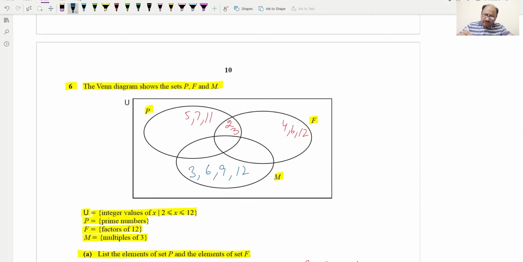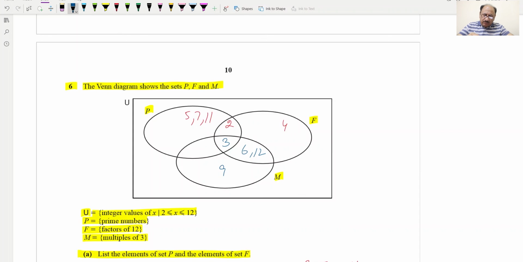If you see, 3 is here and here also, so we'll shift this 3 over here and remove 3, and this will leave 6 and 12. If you check, 6 and 12 are over here and here also. So we will shift 6 here and 12 here, and remove them from this side and this side, and this will be the situation.